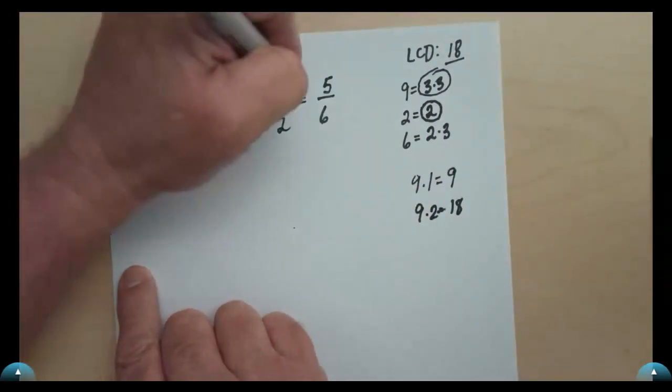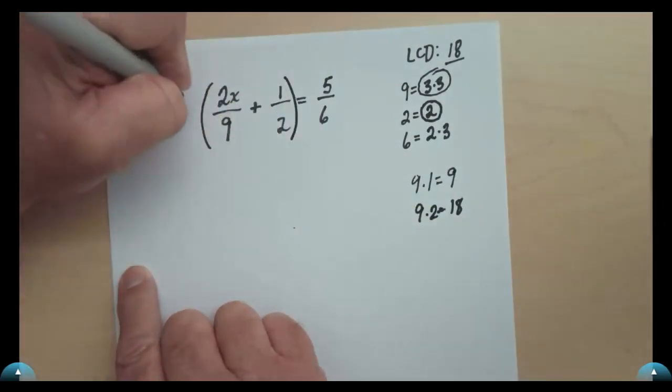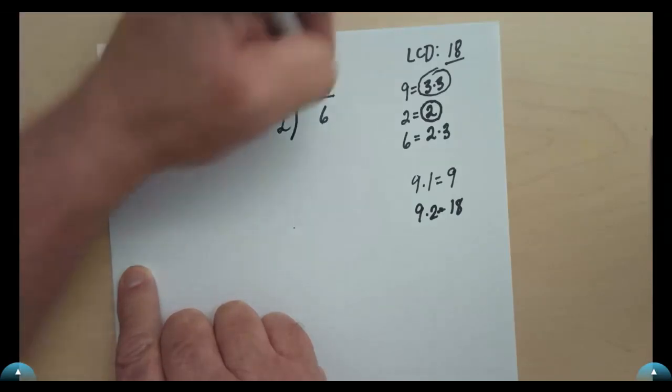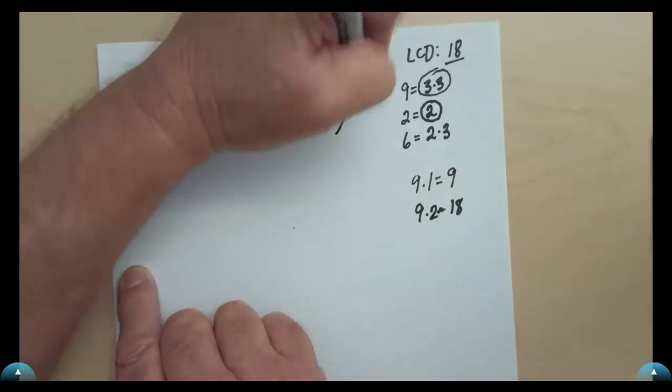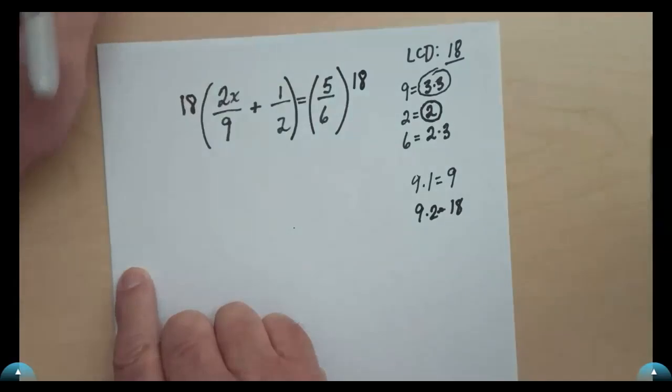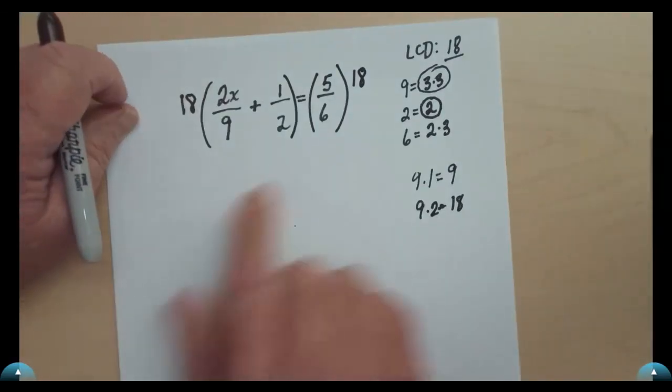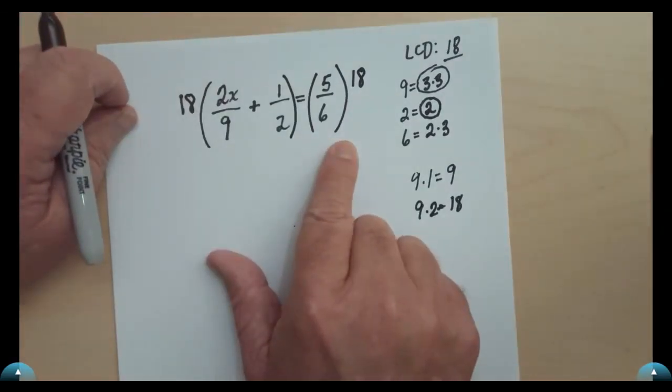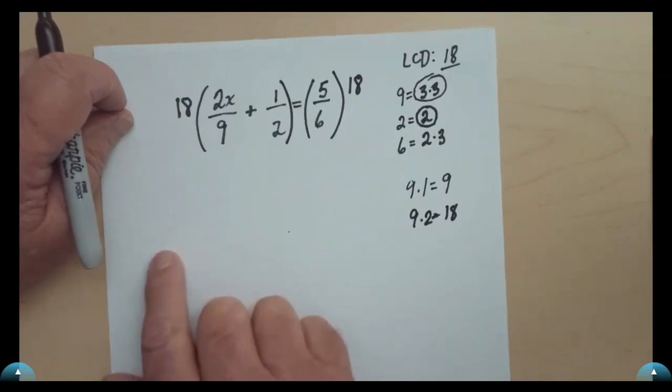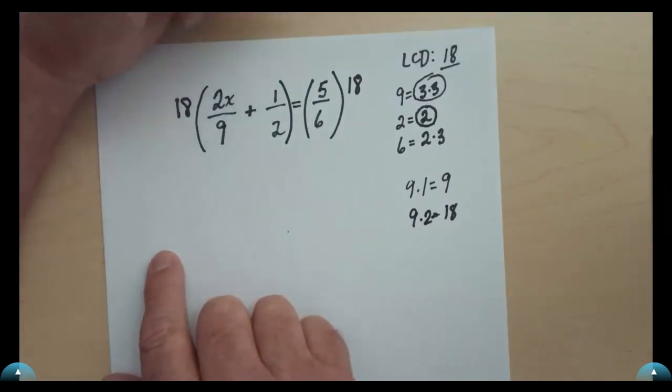What I need to do is multiply both sides of the equation times that least common denominator, 18 in this case. So let's start with the right-hand side because that one's going to be quicker and easier, and I'm a procrastinator and I like to do the easiest stuff first.